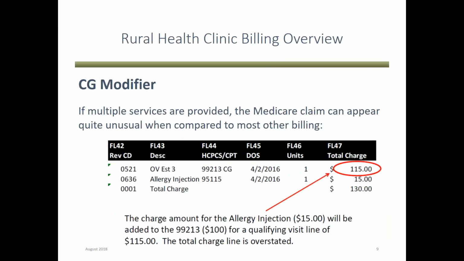So in this example, the 99213 charge of $100 is combined with the incidental charge for the allergy injection of $15 to show that the billable encounter charges are a combination of two services representing a total charge of $115.